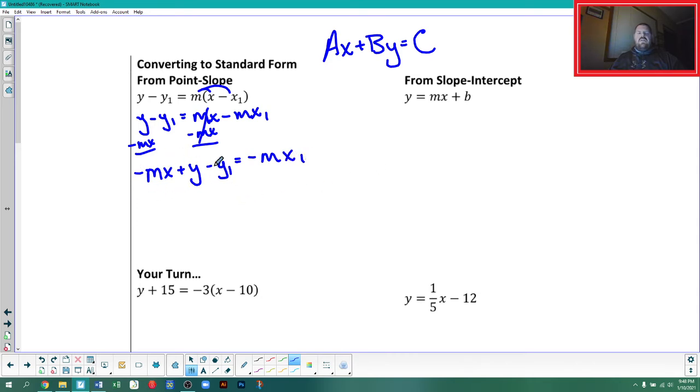Still, I want to get x and y on the same side, so I'm going to be moving this y1 to the other side. Negative mx plus y equals, I should say I'm adding y1 to both sides, stay consistent, negative mx1 plus y1.